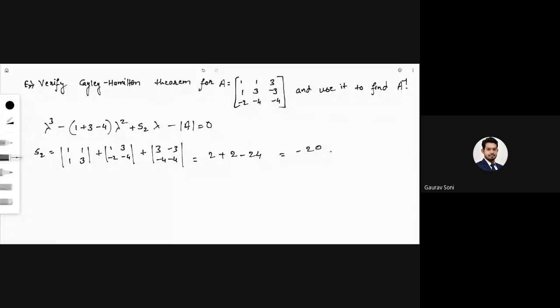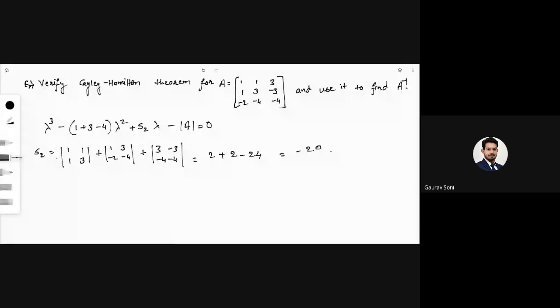Now for the determinant of this matrix, let me calculate.